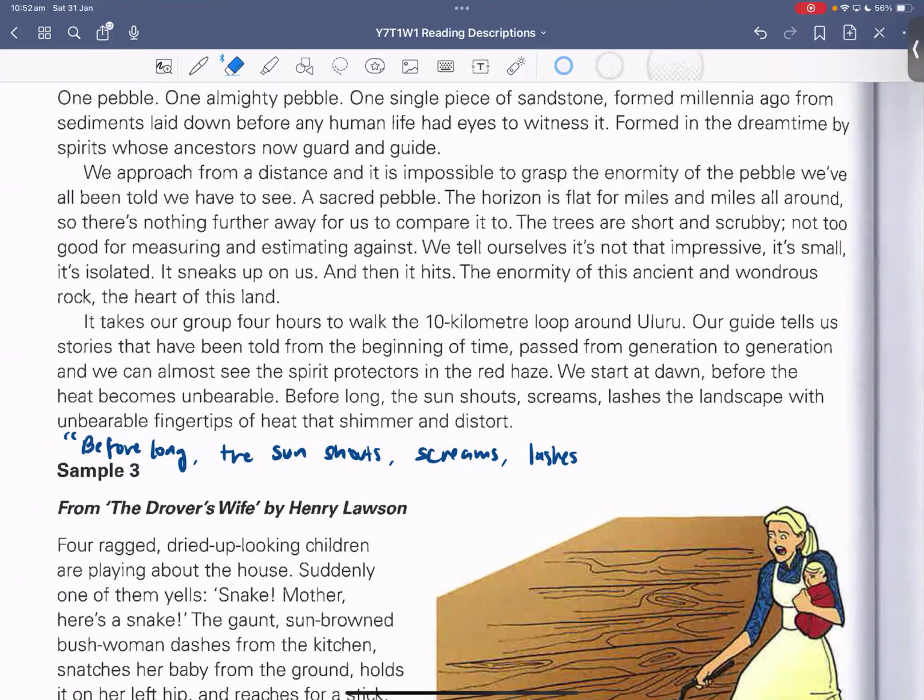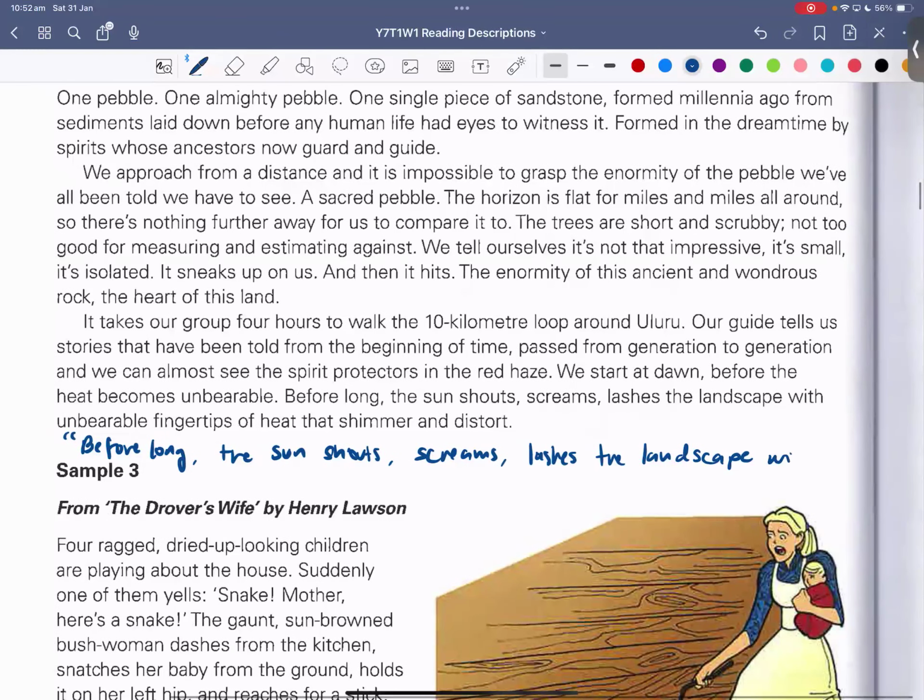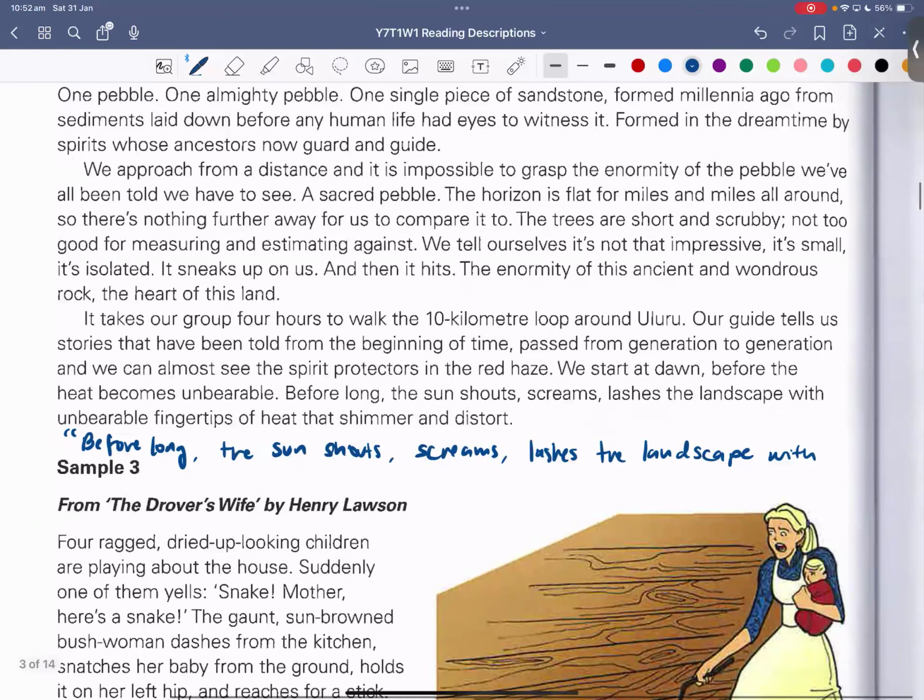What about the S sounds? Yes, but also for S sounds specifically, what is it called? Sibilance. Yeah, sibilance. So alliteration of S sounds has its own name. Sibilance. That's another new technique for you guys.